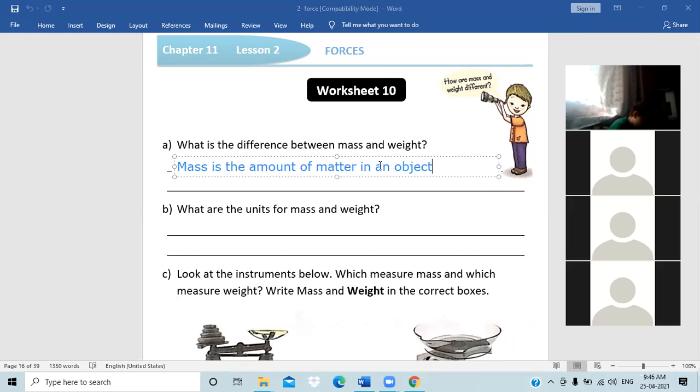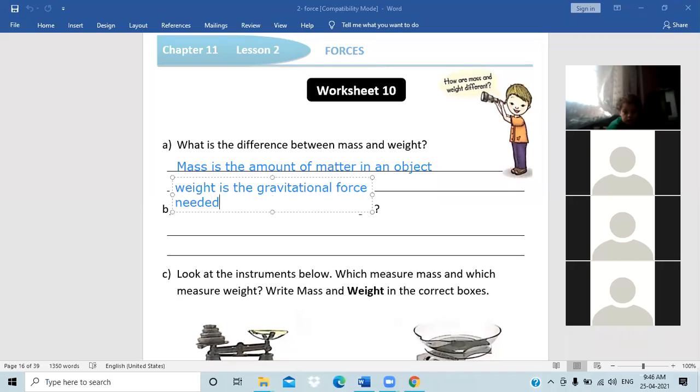And weight is the gravitational force or the gravity force or the force done by the gravity. All of those are correct answers. The gravitational force needed to pull down an object or a mass.